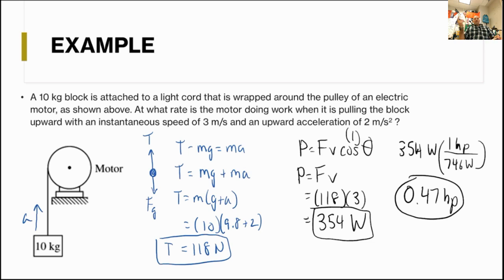So if you have a pool filter or pool pump, you're going to see it's a 1 horsepower, half horsepower, 1.5 horsepower. Here we're pulling up a 10 kilogram object. You can also use this as an elevator scenario, they're going to be a little bit more rated. Cars are rated in horsepower, right? Like the Mustang 500 Boss, that's a 500 horsepower engine.